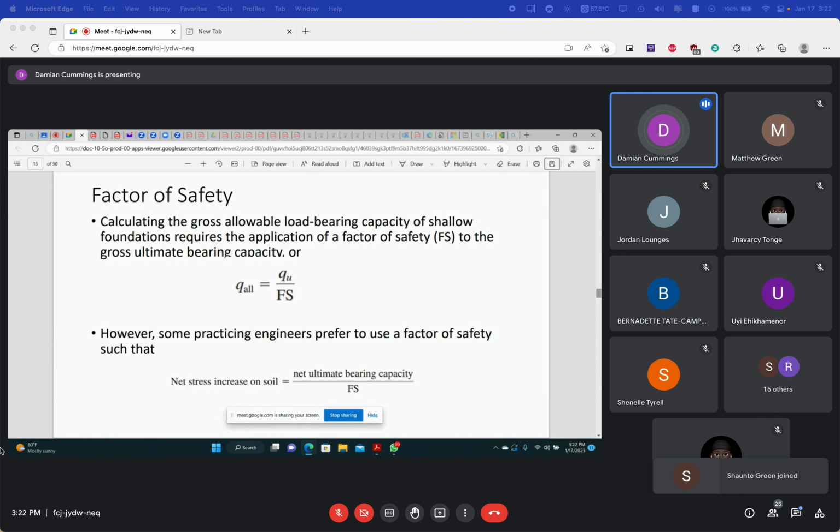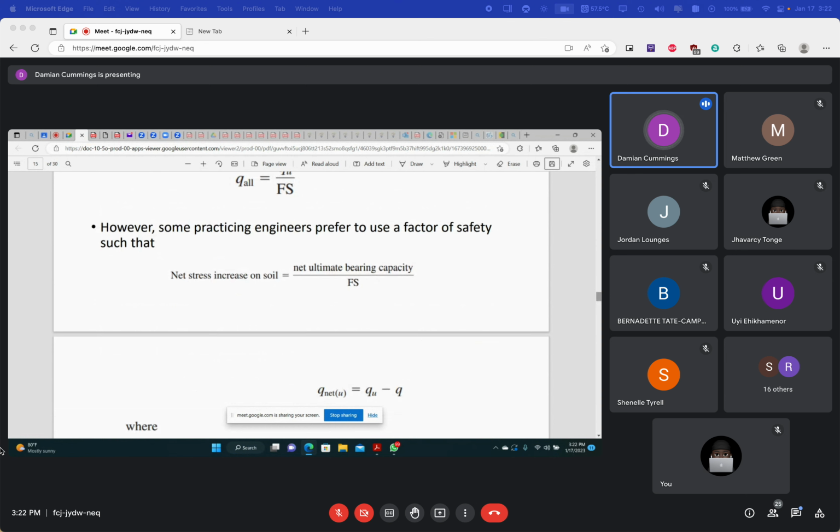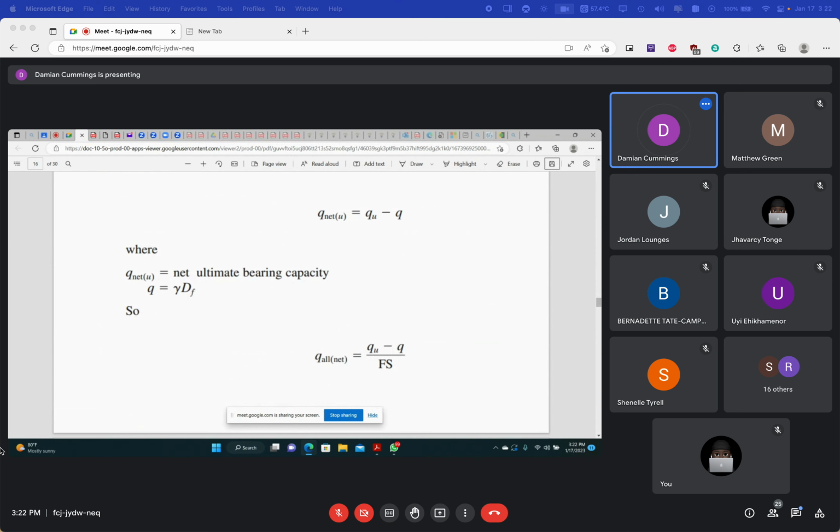Now, when we add a structure and an imposed load, there is a net increase in stress in that soil that can be calculated based on the load that is added. So we're saying that the net stress increase in the soil is equal to the ultimate load bearing capacity divided by your factor of safety, and that will give you a minimum factor of safety. All right.